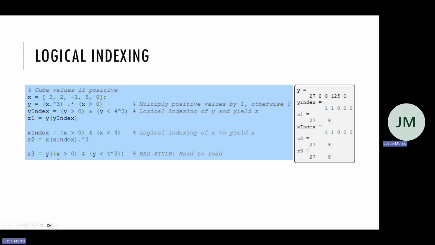And then we're grabbing all of those elements from y. So x is positive, 1, 2, 3. y is less than 64, 1, 2. So this results in just 1 and 2, and we're grabbing from y 1 and 2. So we get 27 and 8.